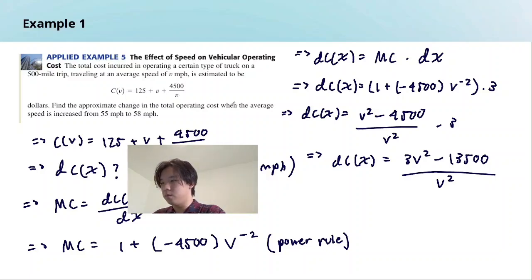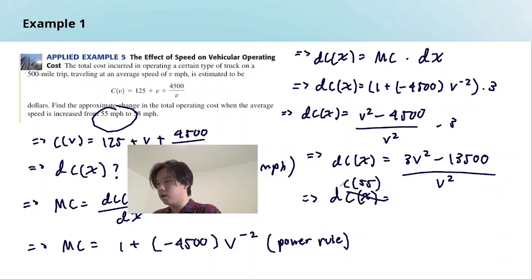So we will have to insert the initial value of 55 into this change in total cost. Let's write this as C'(55), the cost function when we insert the initial value 55. So we have (55 squared minus 4,500) over 55 squared.